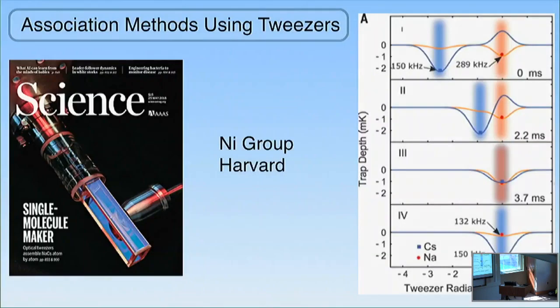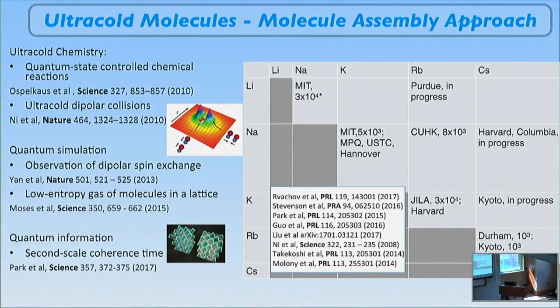One way to make these molecules in the tweezers, being done by Kang-Kuen Ni's group here at Harvard, is you take two atoms in two separate tweezers, bring the tweezers together, bring the two atoms together, then associate them into a molecule, and this has been quite successful. There are also many other groups doing some kind of association for alkalis and now expanding beyond alkalis.